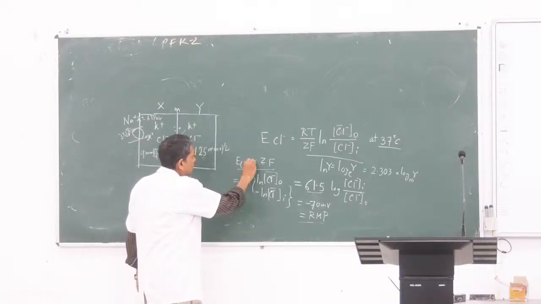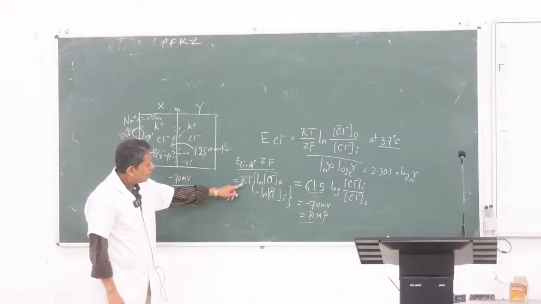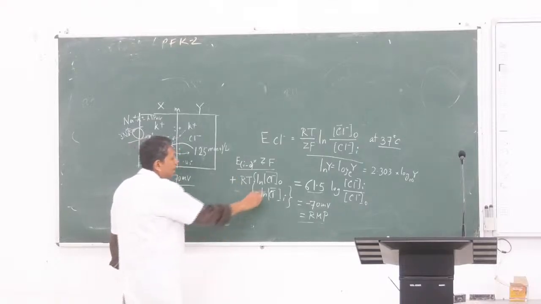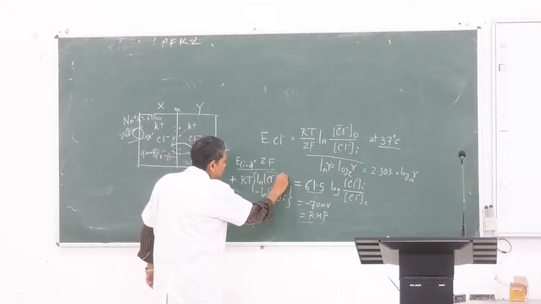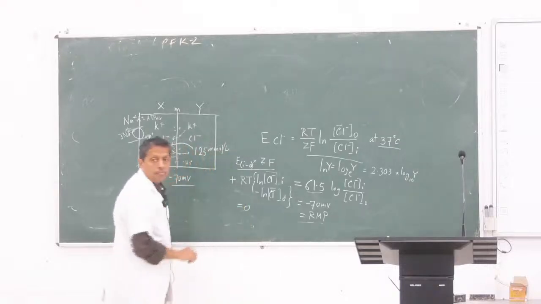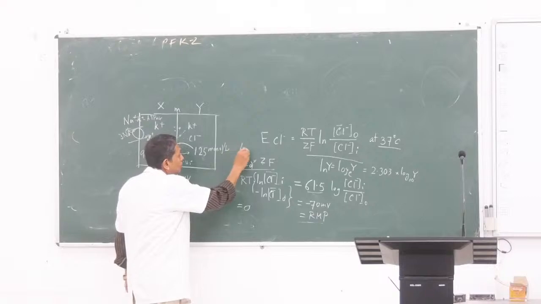You may consider it for better understanding. And if you take this value to this side, and then change this, it will be mu, and it will be equal to mu chloride.